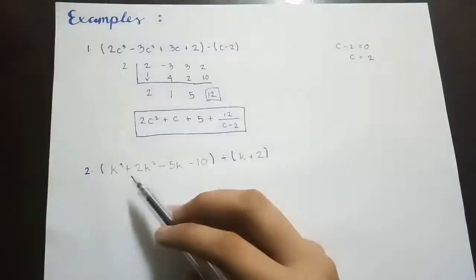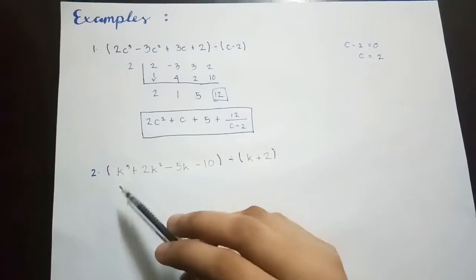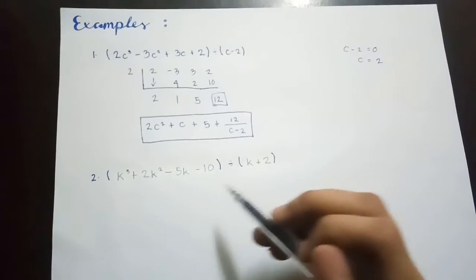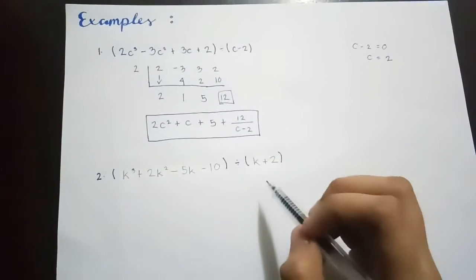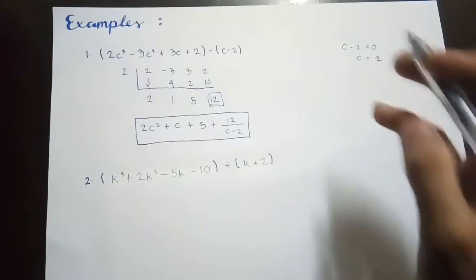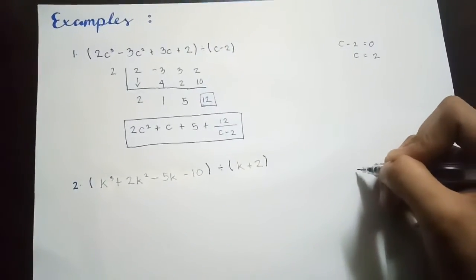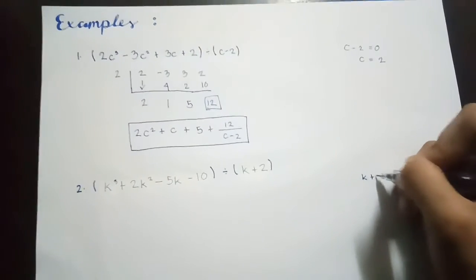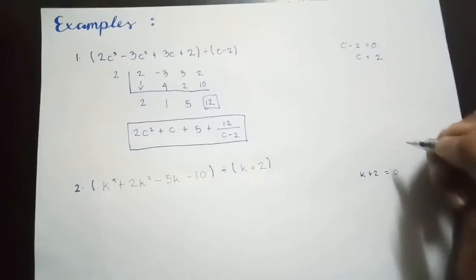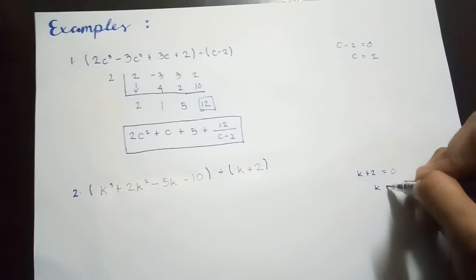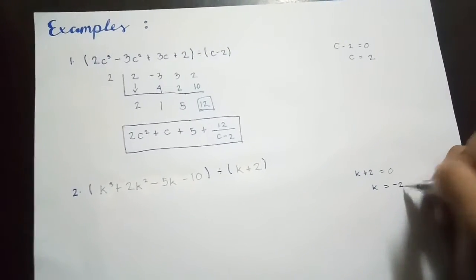So let's go to the second example. K cubed plus 2k squared minus 5k minus 10 divided by k plus 2. So to get the divisor, we're going to do this again. K plus 2 would be equal to 0, and we'll just transfer 2, it'll become negative 2.